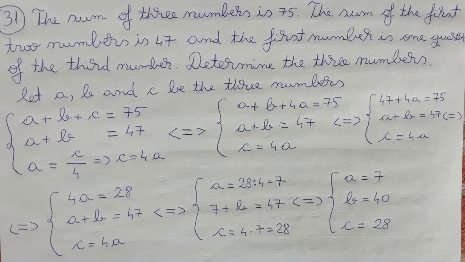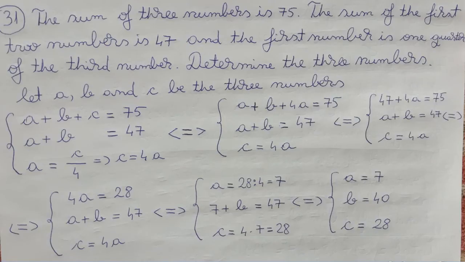A plus B plus C equals 75, A plus B is 47, and A is equal to C divided by 4, so C equals 4A. We substitute the value of the second equation in the first equation, so we have 47 plus 4A equals 75.